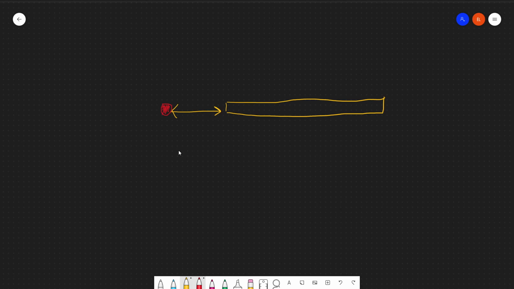Let's say the tiny particle that I have is at a distance of a from the closest part of the bar, and the bar itself has a length of L, and the bar is equally charged throughout its whole length, which means that if I get a small part of the bar here, it's going to have the same charge as the small part that I look at here, so it's equally distributed charge throughout the bar. And I want to know what is the electric field that this bar exerts on the particle, the red particle.